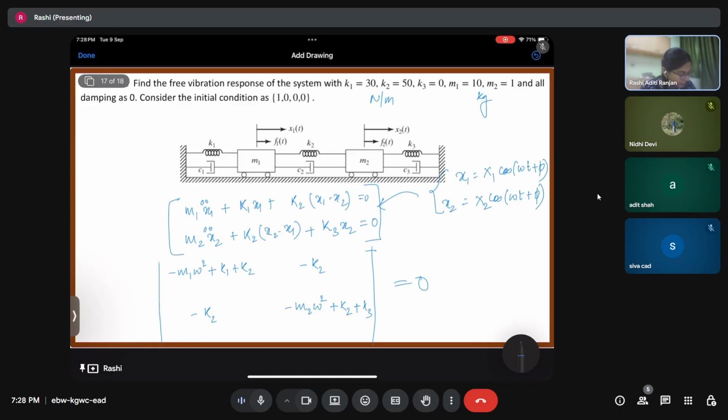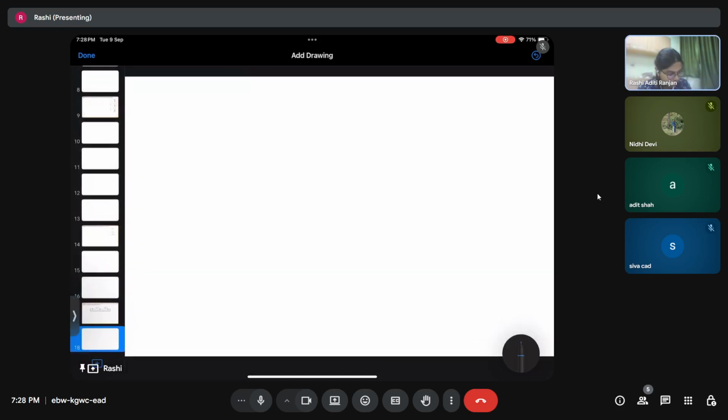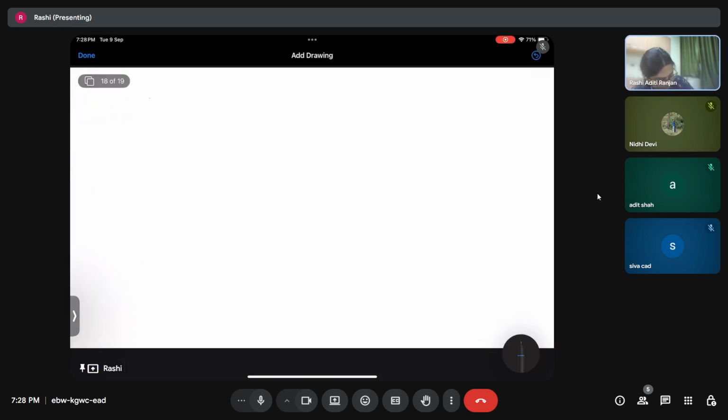Now we put the values, then we are going to get the determinant of: minus 10 omega square plus 35, minus 5, minus 5, minus omega square plus 5, equal to 0.